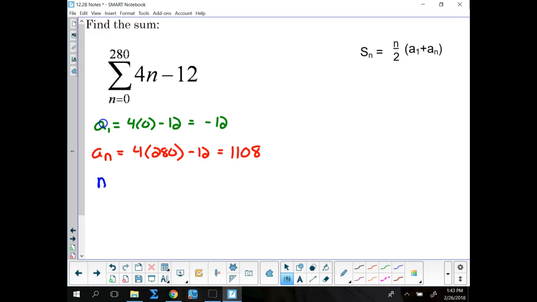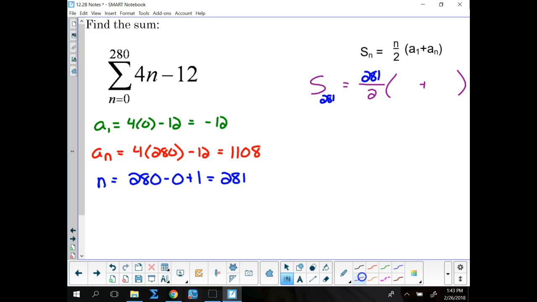Total number of terms. So the sum of the first 281 terms is 281 divided by 2 times negative 12 plus 1,108.